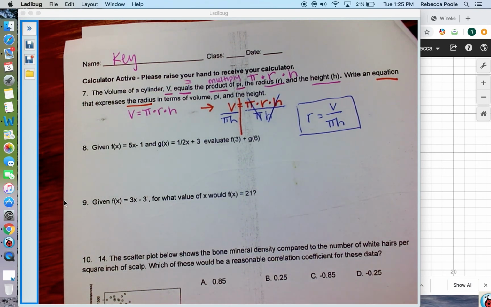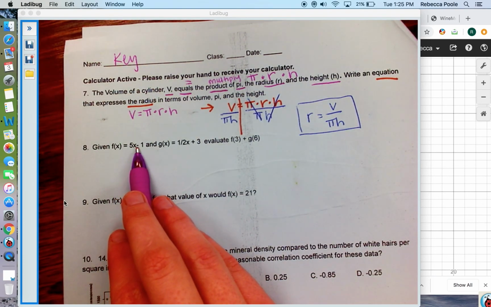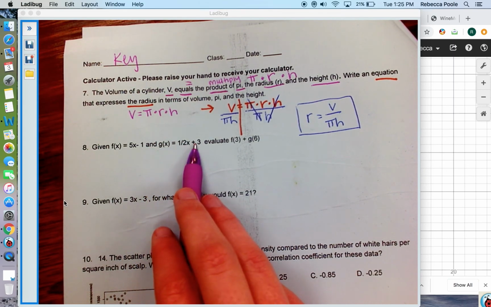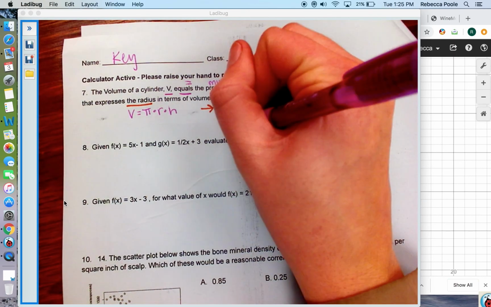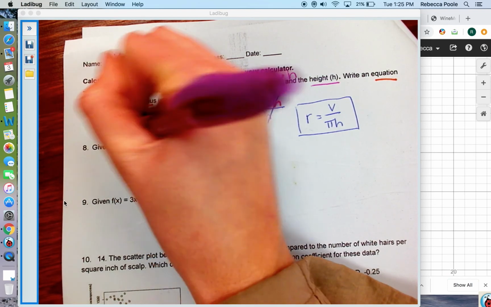All right, for number 8, given f of x equals 5x minus 1 and g of x equals 1/2 x plus 3, find f of 3 plus g of 6. So in the f equation, I'm going to put in 3. So instead of an x, we're going to put in 3.